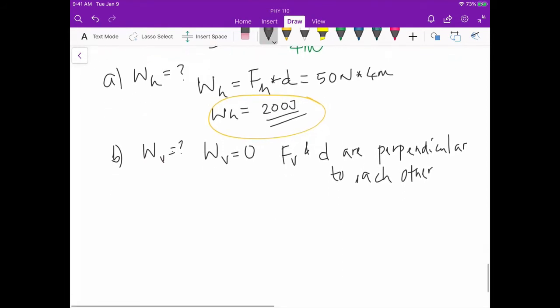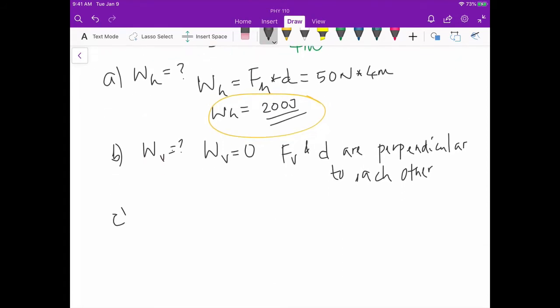Now question C asks you the total work done by the 130 newtons of force. That is simply adding what its components are doing. How much work is the horizontal component doing? How much work is the vertical component doing?